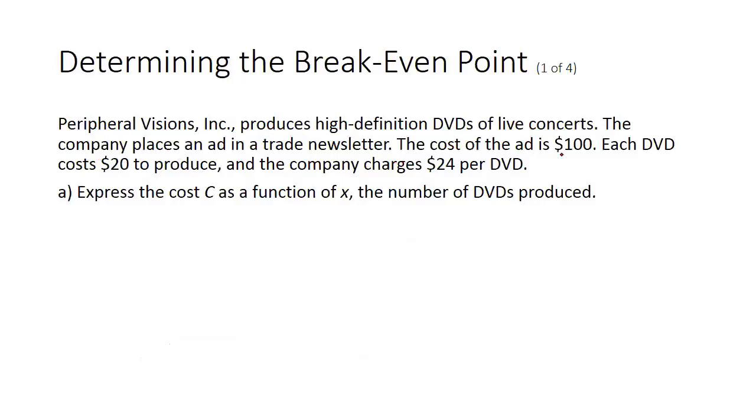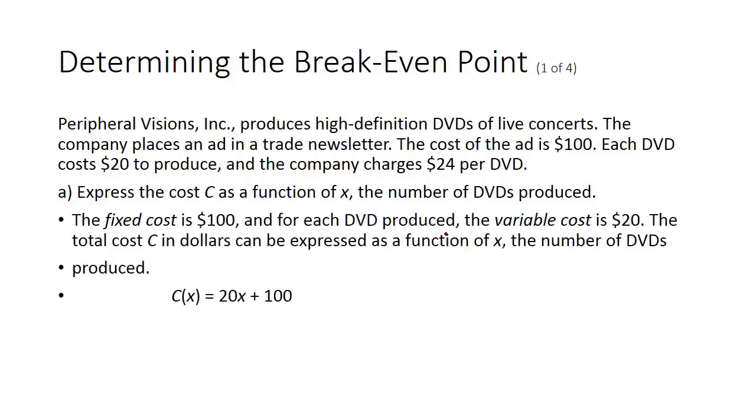The cost of the ad is $100. Each DVD costs $20 to produce, and the company charges $24 per DVD. So we need to express the cost C as a function of X, the number of DVDs produced.